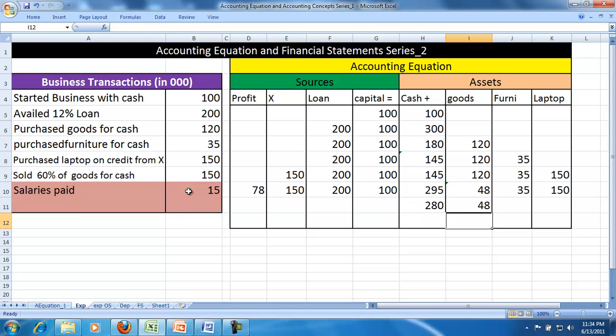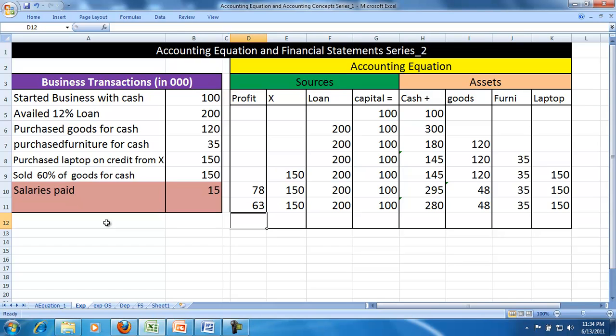No change in the goods, furniture, laptop, capital, loan, or creditors, however profit will reduce by 15. So expenses reduce profit, and cash is reduced because you paid for it.